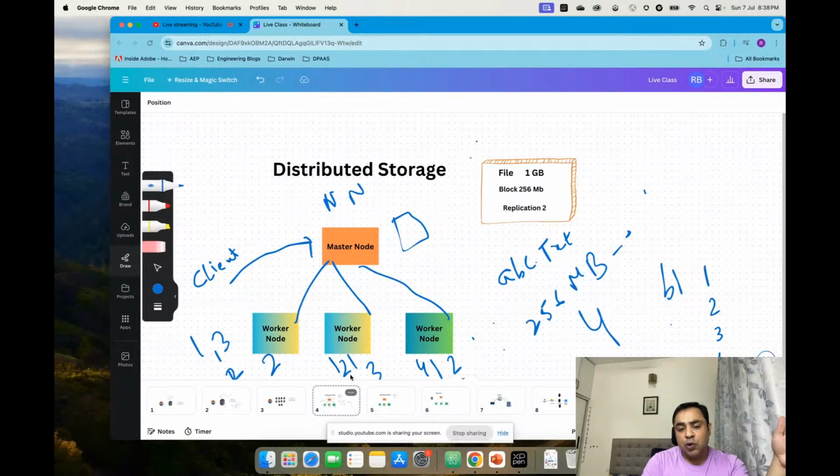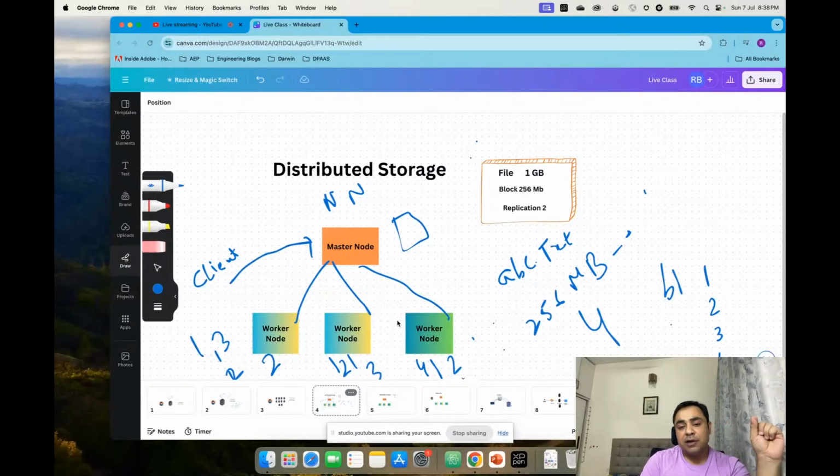But it makes sure that you don't have the same block copied in the same location. So if one of the machines goes down, the master node, through the heartbeat, will come to know that this particular worker has gone down. It will ask another worker node to maintain the same replication, and it will copy the block again. This is how replication comes into the picture.